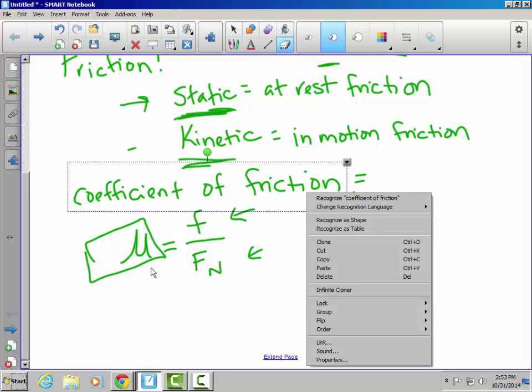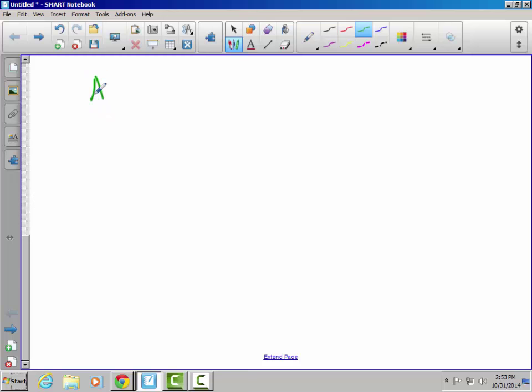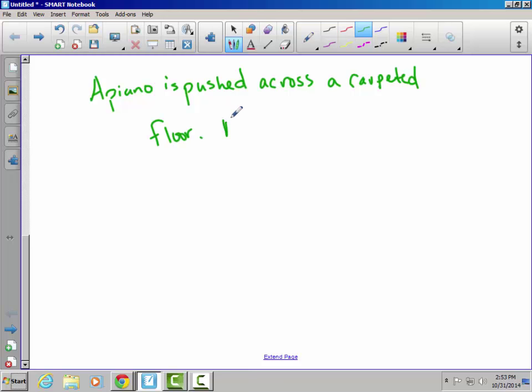So let's say I have a piano, and I'm going to push the piano across a carpeted floor. Let's say the piano has a mass of, I don't know what's a heavy mass for a piano.